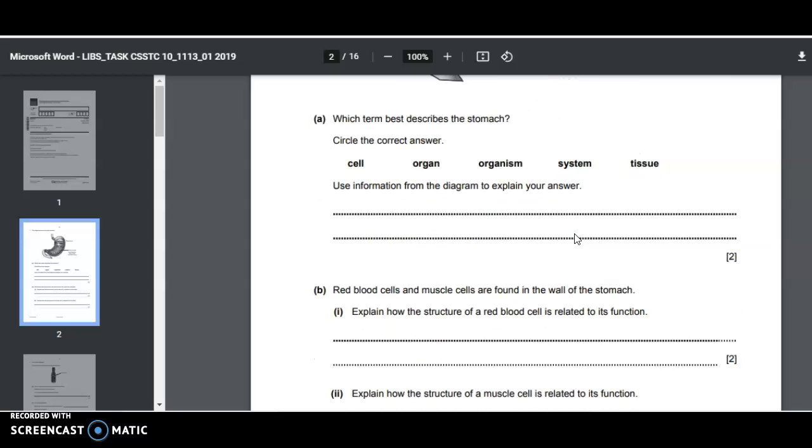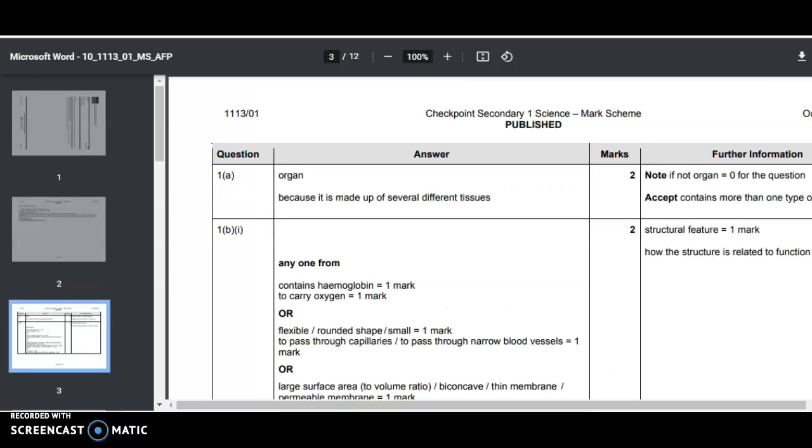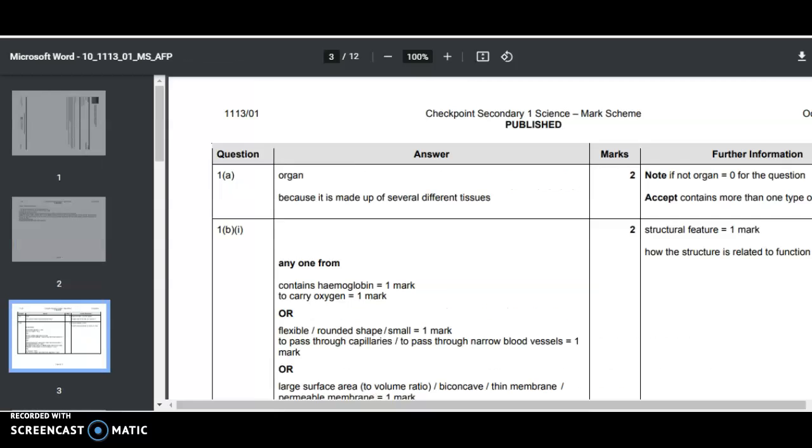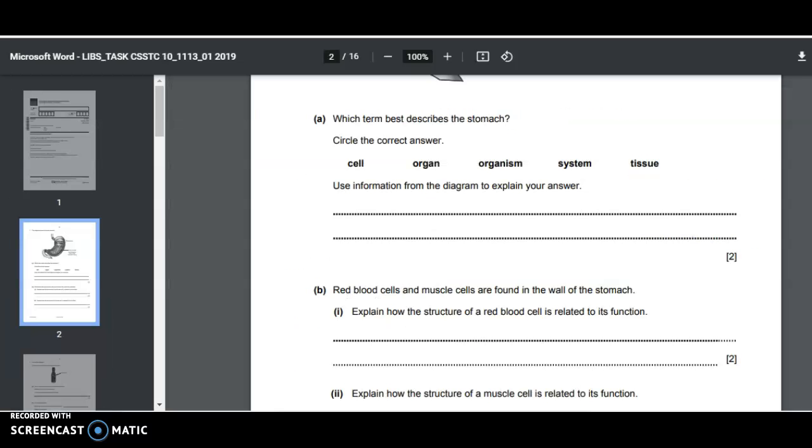B. Red blood cells and muscle cells are found in the wall of the stomach. Explain how the structure of the red blood cell relates to its function. It has a dip in it, and because it has a dip, that will increase the surface area. If you want to understand more about blood, in the 8th grade book, you can look on page 36.